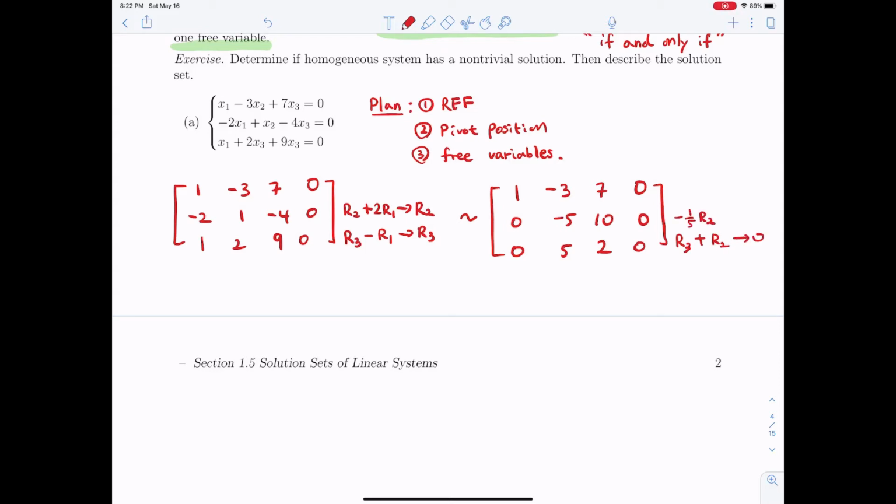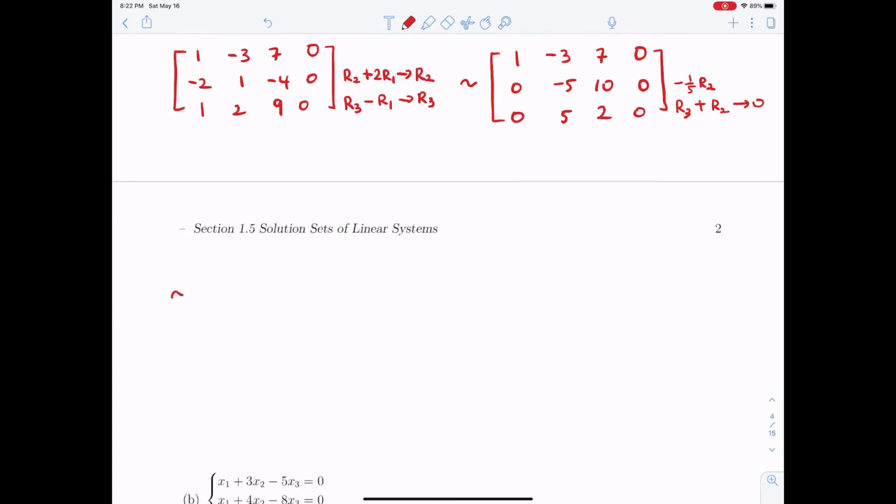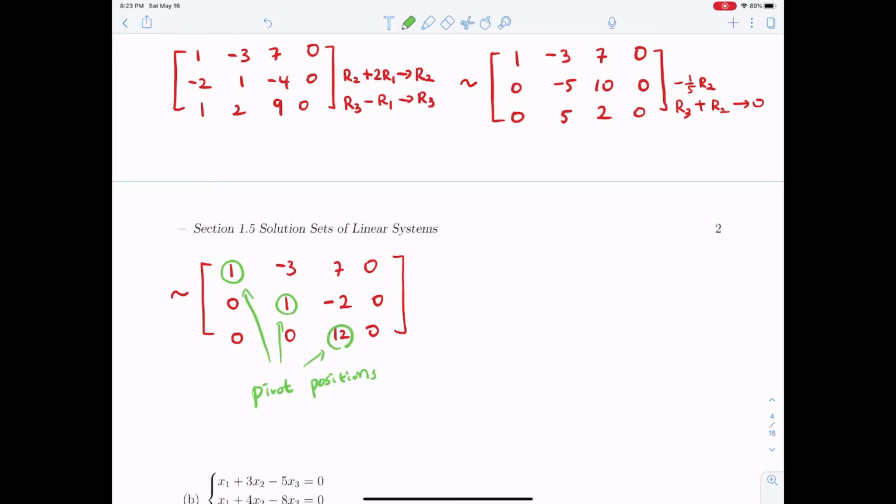Then the given matrix is row equivalent to [1, -3, 7, 0], [0, 1, -2, 0], [0, 0, 12, 0]. So we have pivot positions for each variable. And this tells us that there are no free variables, which means there is no non-trivial solution for the given homogeneous system. Does it make sense?